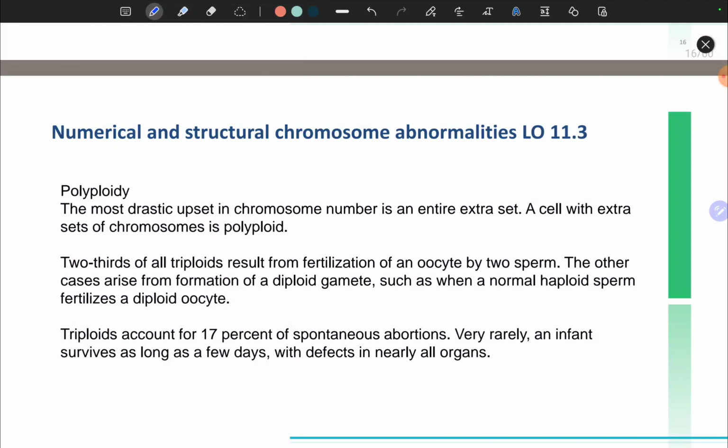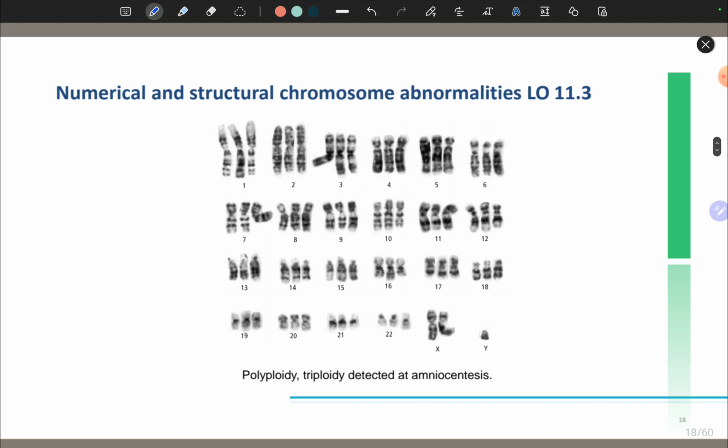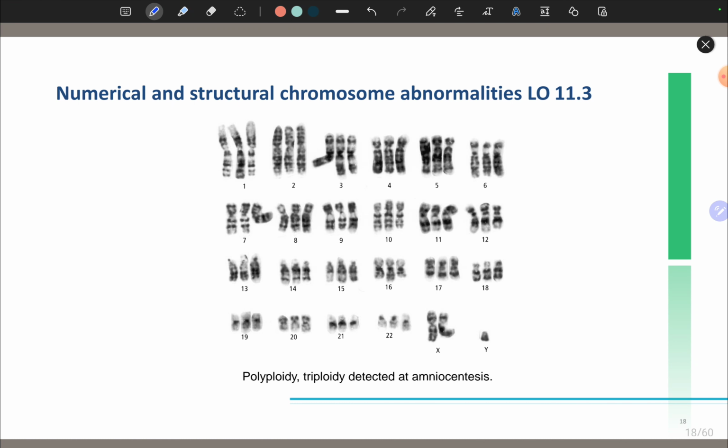Look here, if you just look, somebody may see a normal thing, but for number 1 we have 3, for number 2 we have 3. So this is the triploid. 3 sets of chromosomes are present. So this is an abnormal condition. You can see it also here, we have X, X, Y. So this is a result from the triploidy by certain mechanisms.